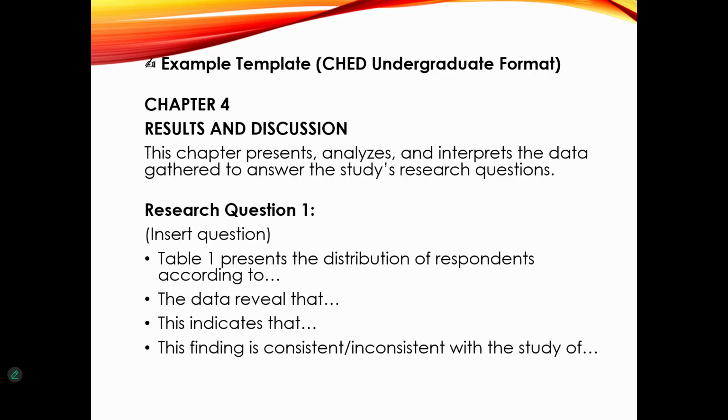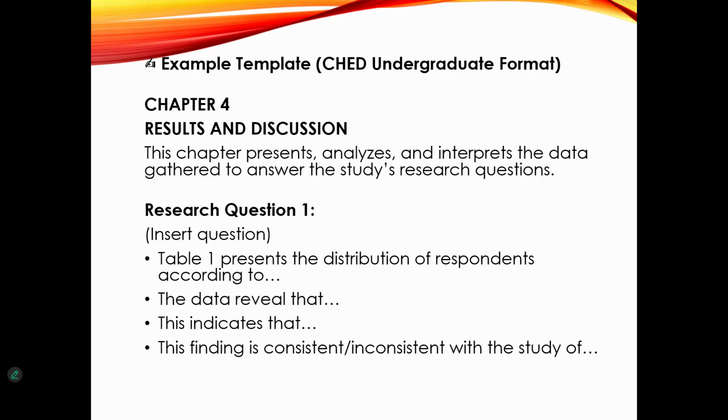Okay, so according to your research question, Table 1, for example, presents the distribution of respondents according to. Okay, so that's an example. And then for your next paragraph, you will start with "the data reveal that..." and you will explain that.